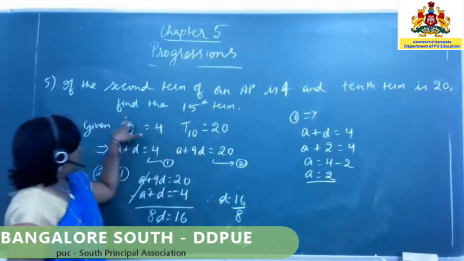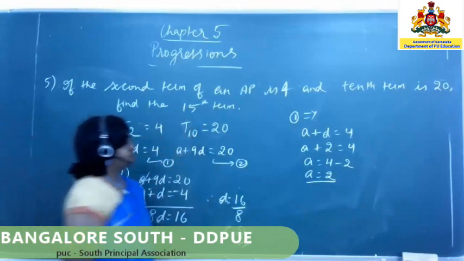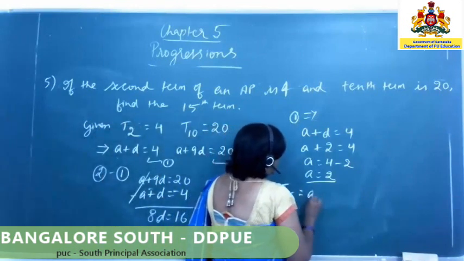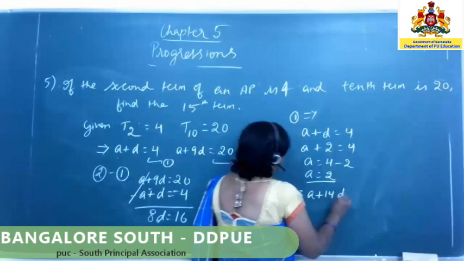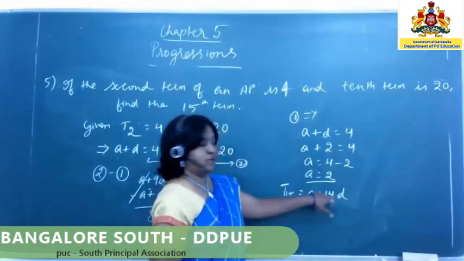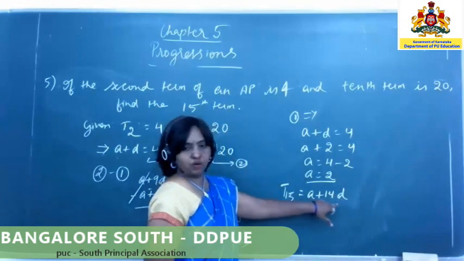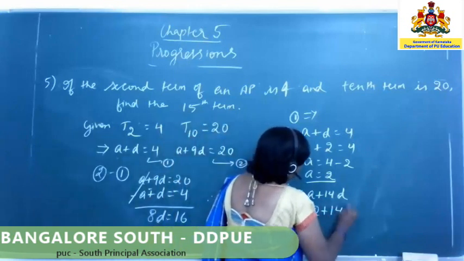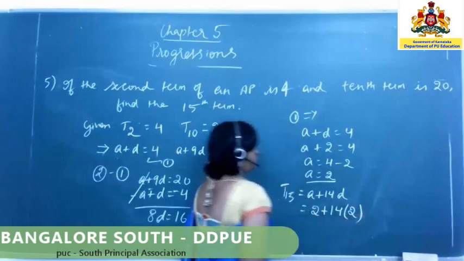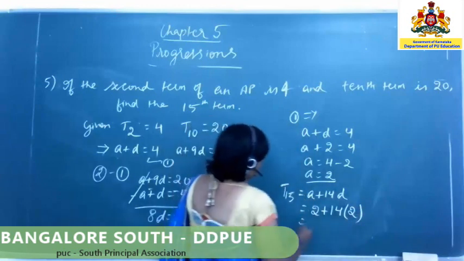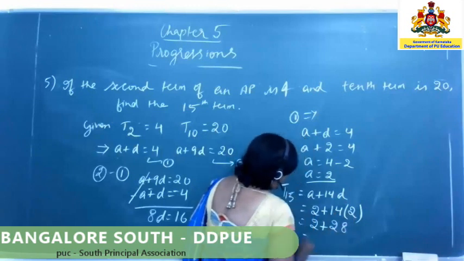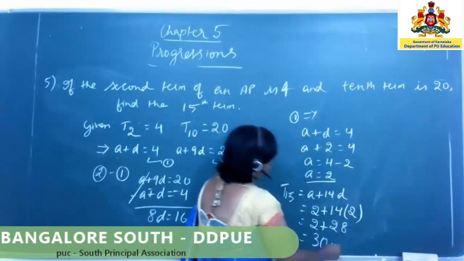So now I should find 15th term. So T15 is equal to A plus 14 into D. A plus n minus 1 into D. So 15 minus 1, 14 D. So A is 2 plus 14 into D is also 2. So 2 plus 14 into 2, 28, that is equal to 30.